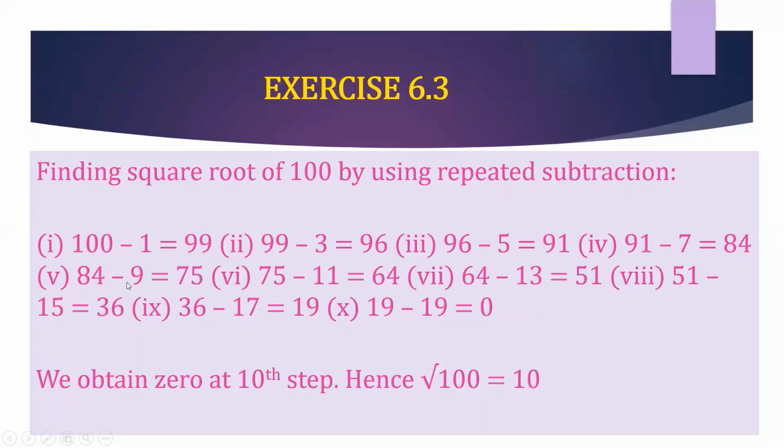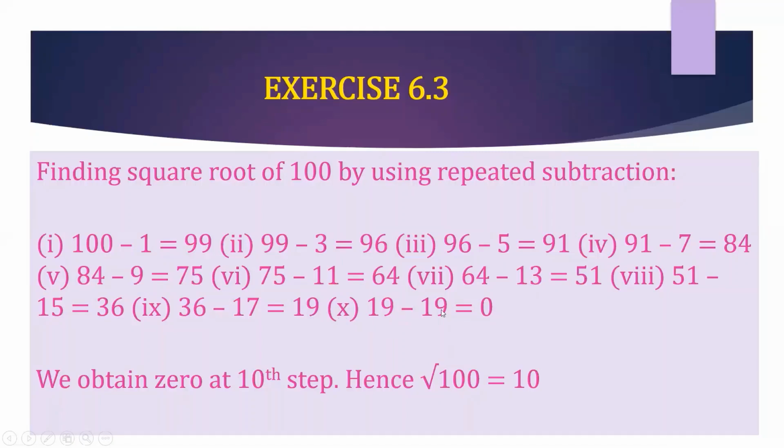Then 84 minus 9 is 75. 75 minus 11 is equal to 64. 64 minus 13 is 51. 51 minus 15 is 36. 36 minus 17 is 19. And 19 minus 19 is equal to 0. So we have to continue this process of subtraction till we get the difference 0.